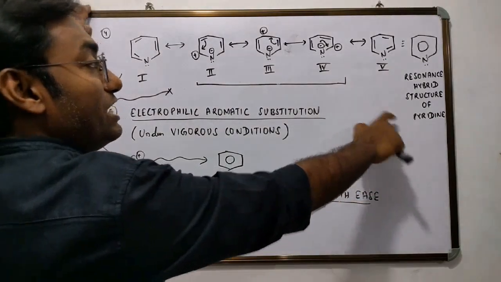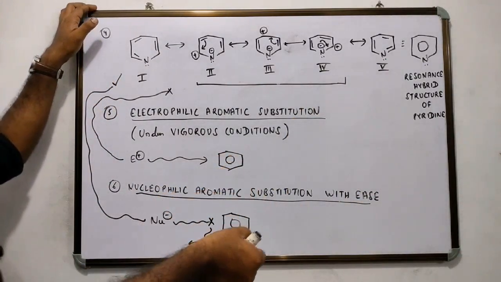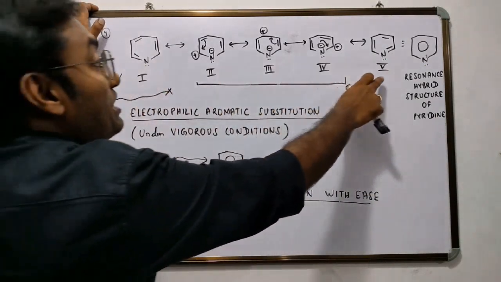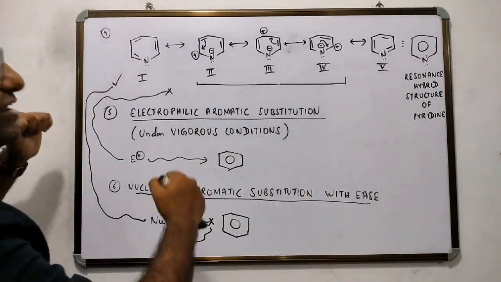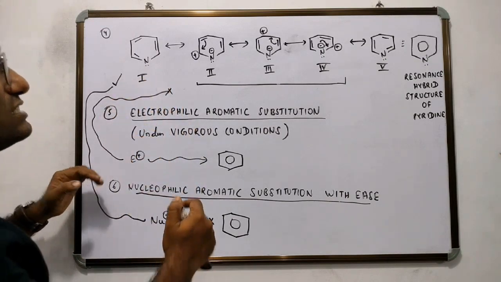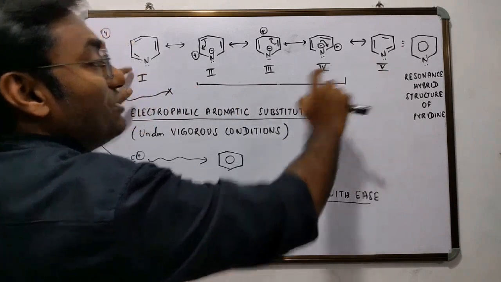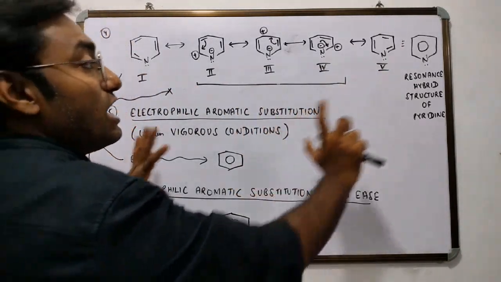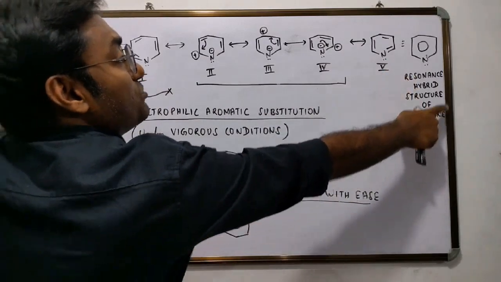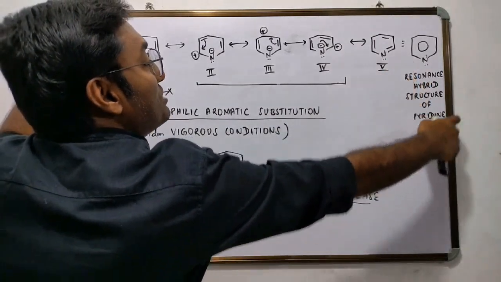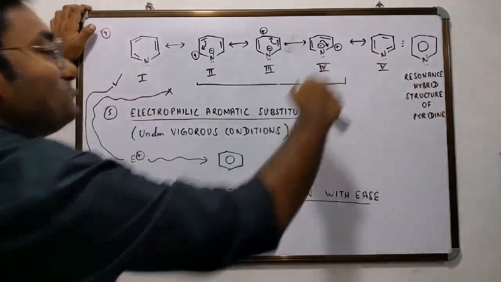As for pyridine, it would prefer to spend its time at a thermodynamically lower energy level, and it is for this reason that structure number 1 and structure number 5, the Kekulé resonating forms, have a major contribution to the resonance hybrid structure of pyridine.